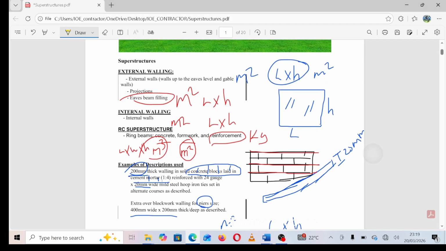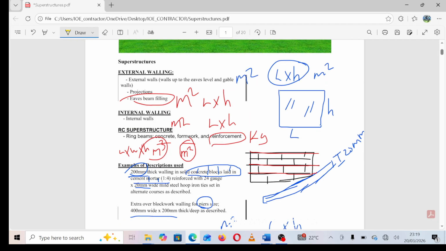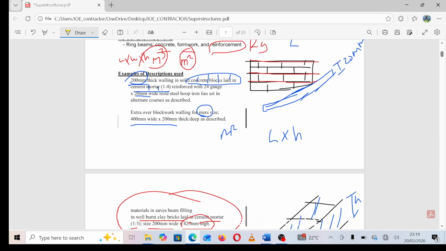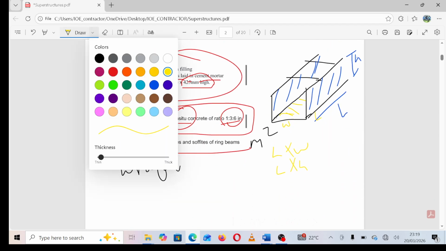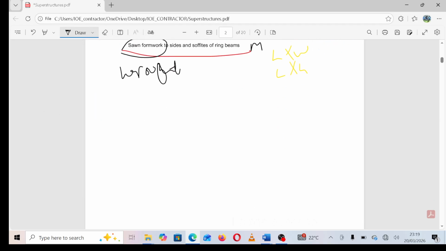Then for reinforcements, usually it depends on the type of reinforcements that we are to use. I'll sketch a simple one. Let's say if we are to choose rectangular reinforcement where we're having these iron bars. Now here we might have like T12.